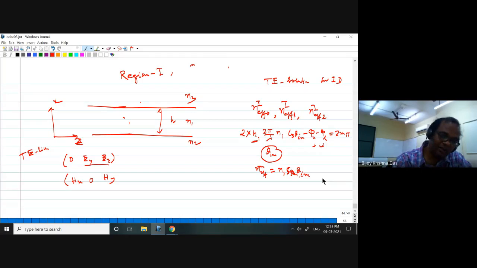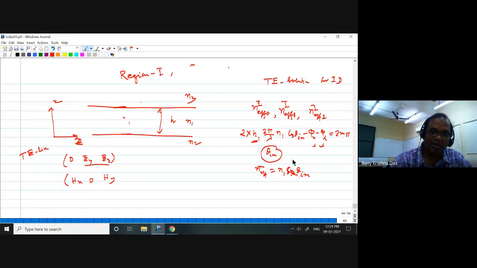So I can solve region 1 for its guided mode solutions with effective index, because the effective index solution is the most important part. That gives you the phase velocity, and it also gives you the ultimate solution, what the mode solutions would be, how many modes there will be.